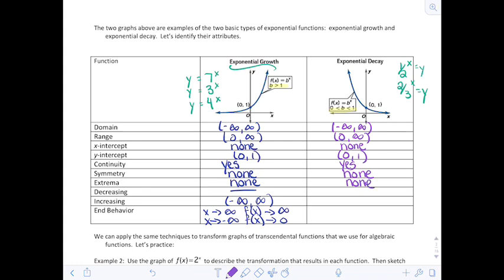It is decreasing everywhere from negative infinity to infinity. And it's never increasing, so that doesn't apply. And end behavior. As x goes to infinity, f of x will go to 0. And as x goes to negative infinity, f of x will go to positive infinity.